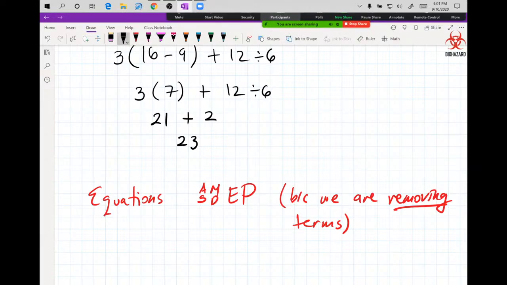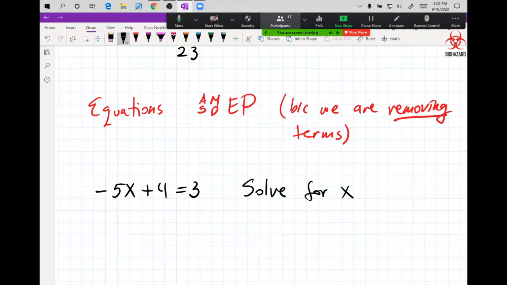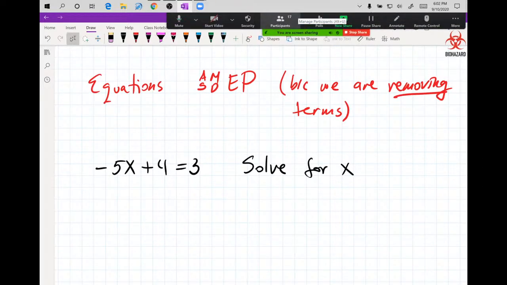So if I go to an example from the textbook here, now this one doesn't have a 0 on the other end, which is okay. Something like this. And again, it's always solve for x. We can employ our backwards PEMDAS to get x alone.